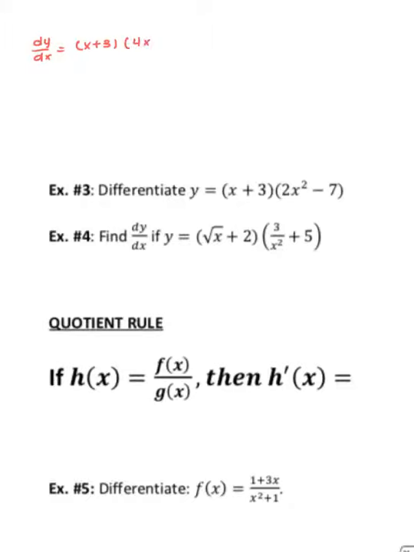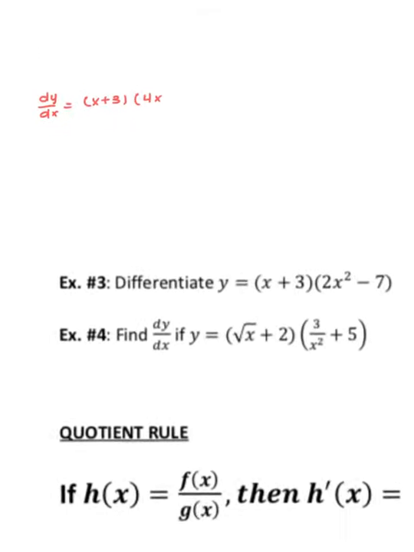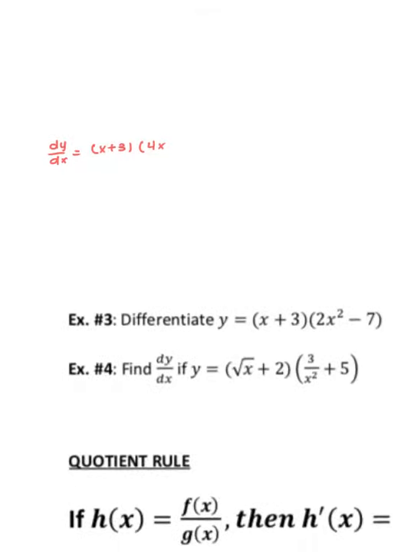Because bring the 2 down to the front, and let me scoot this where you can see it. So I brought that. So first times the derivative of the second, 2 times 2 is 4x, and then that's just 0, right? First times the derivative of the second plus second times the derivative of the first.